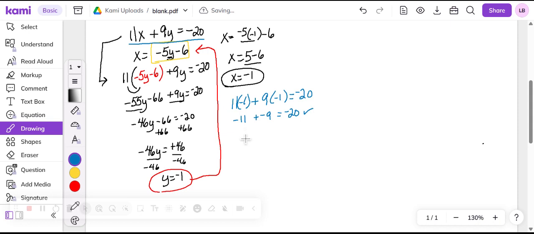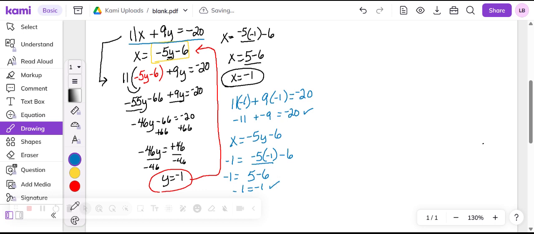Let's try the other equation. x equals negative 5y minus 6. I'm going to replace x with negative 1 and y with negative 1. Negative 1 equals negative 5 times negative 1, which is 5, and 5 minus 6 is negative 1. It checks.